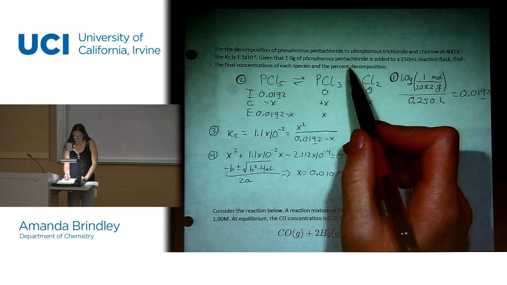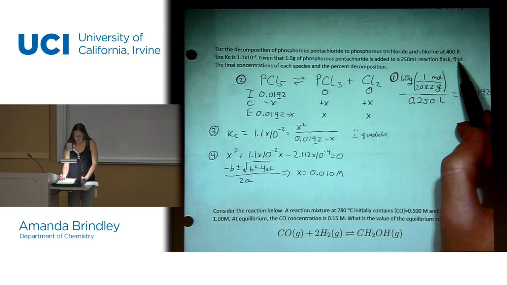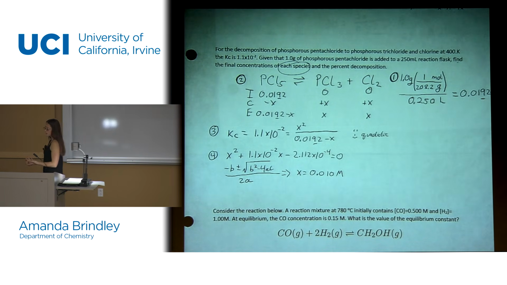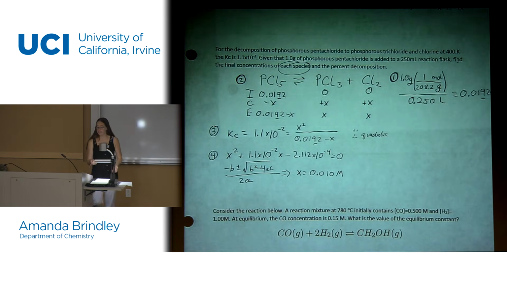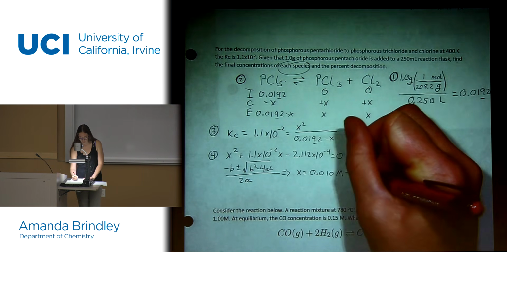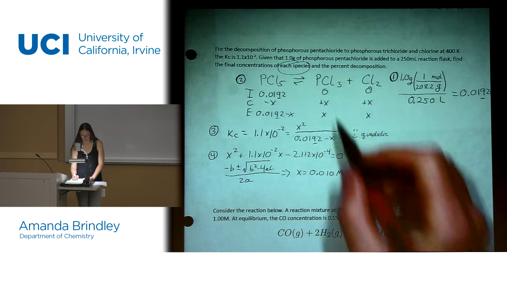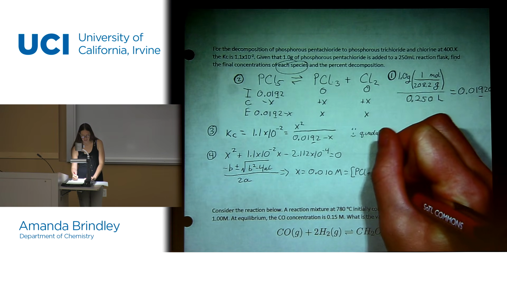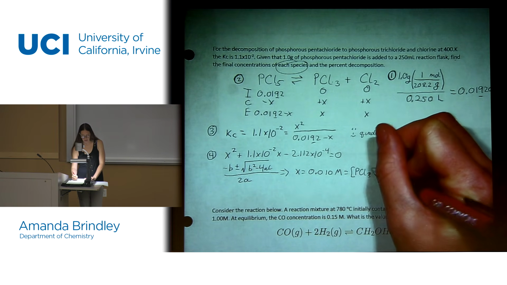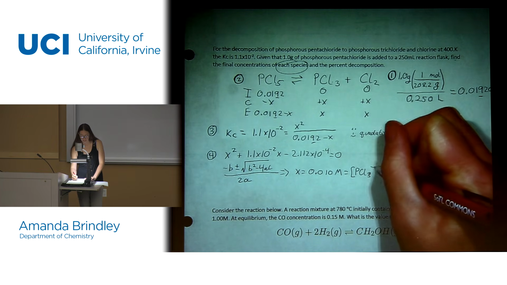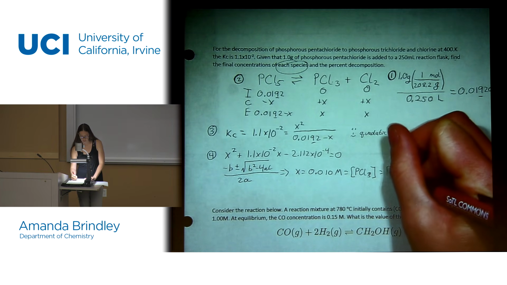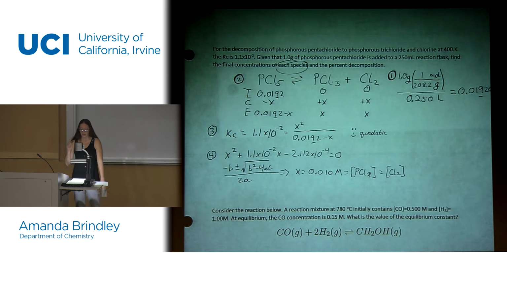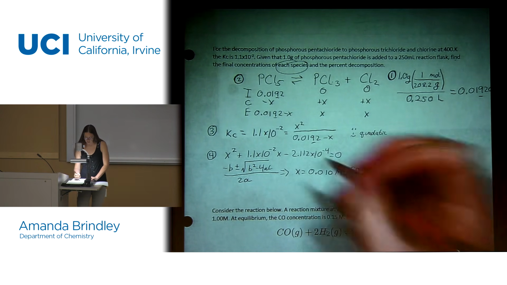Now, we come up here and figure out what I wanted. Final concentrations of each species. So this time, we need to figure them all out. But we have two of them already, right? What is x equal to? Yeah, in this case, x is actually useful. Well, okay, it was useful in the other ones too. But in this case, it's an actual concentration that we need. Two of them. So we have those two. How do we figure out PCl5?